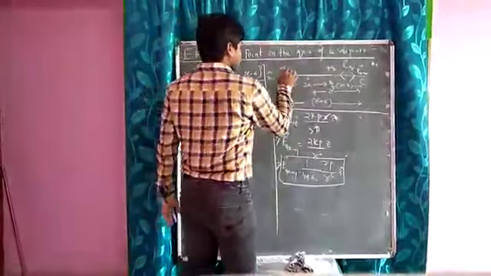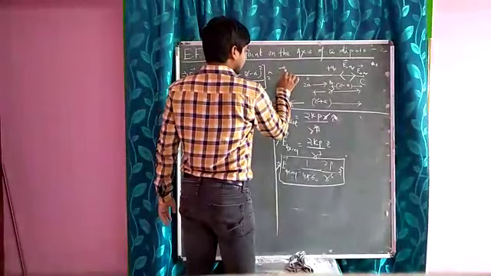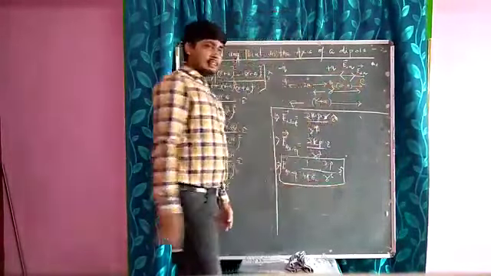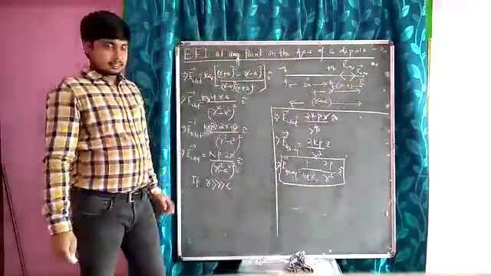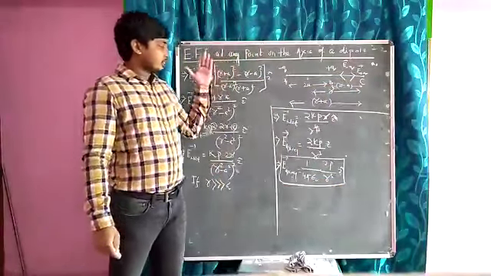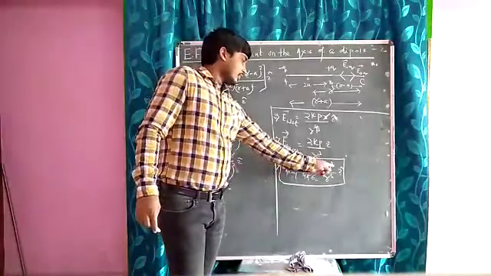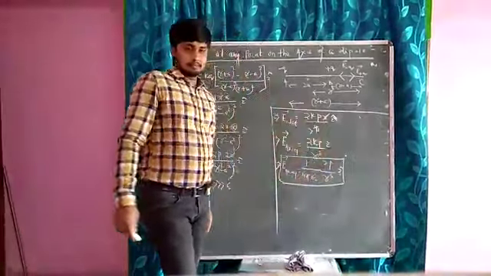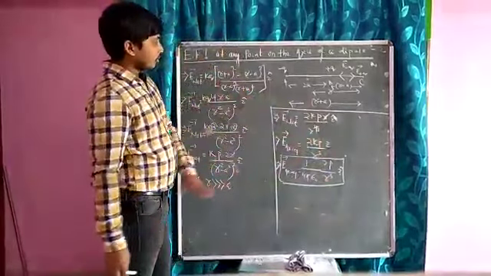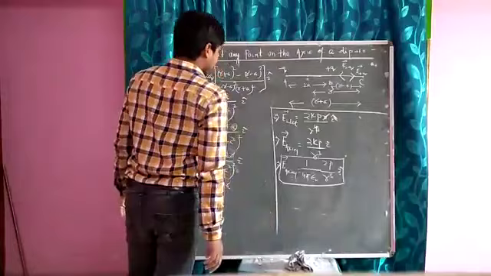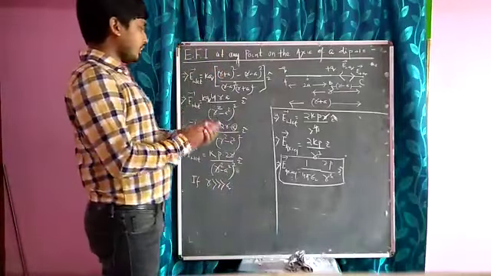So you just see the direction of the dipole moment is negative to positive. That means same along the positive x-axis. Hence we can say that in case of the axial line the direction of the net electric field and the dipole moment are same. So this is all about how to calculate the electric field intensity at any point of the axis of a dipole.